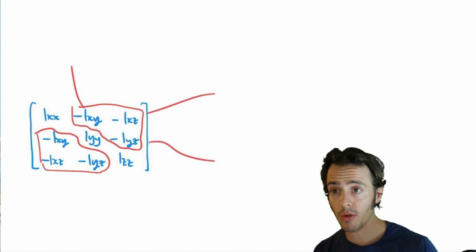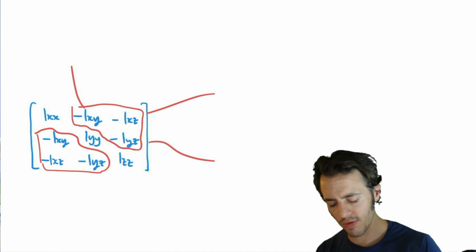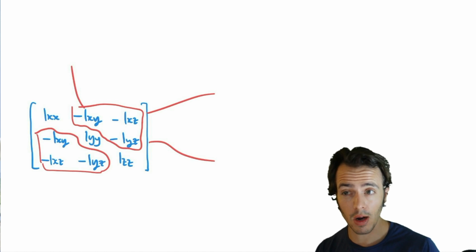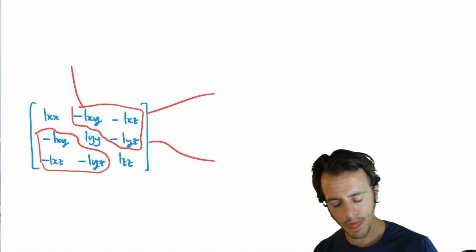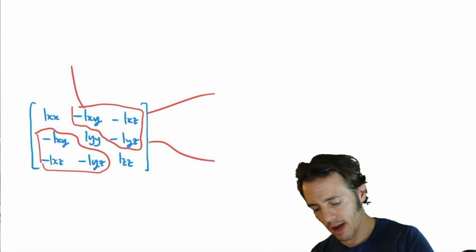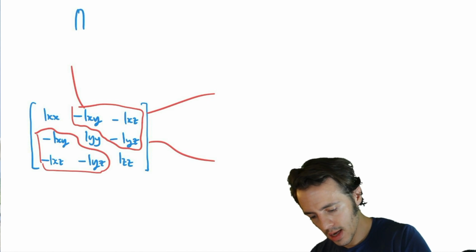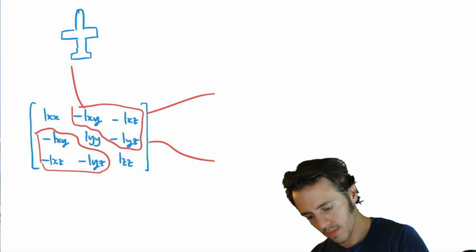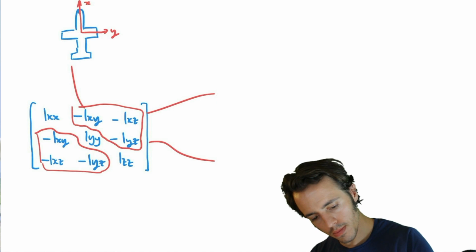The way to remember which axes they refer to is the letter that's not written is the axis around which we are looking for symmetry. So Ixy refers to the aircraft z-axis, so we can look at a crudely drawn aircraft. Okay, Ixz, so I'm now looking around the aircraft.